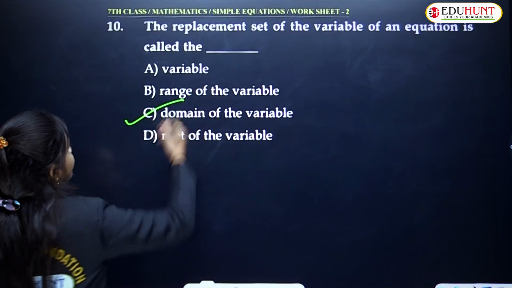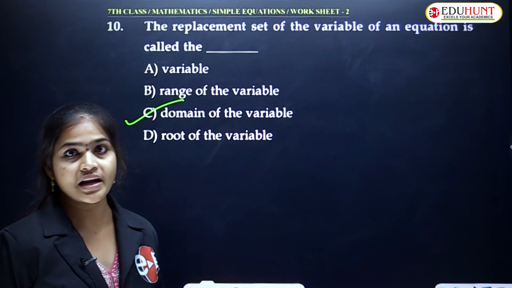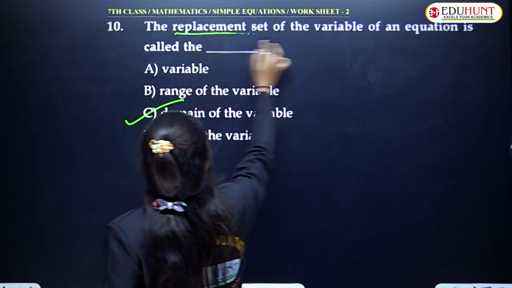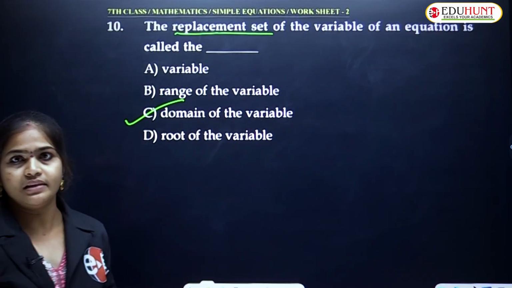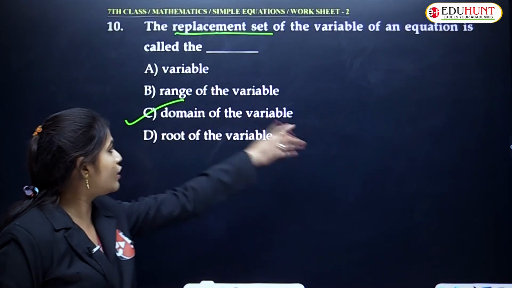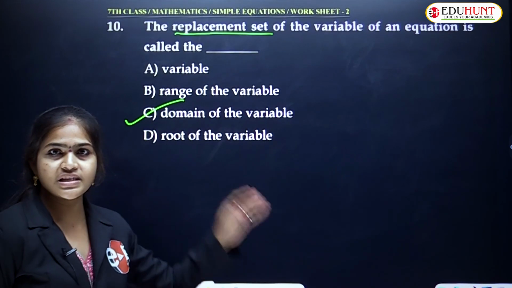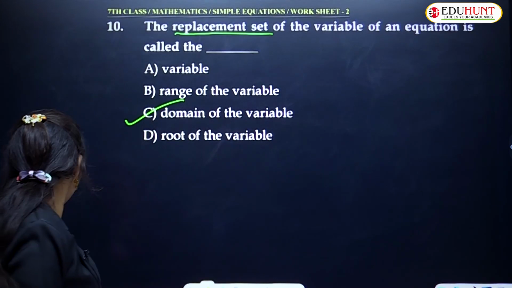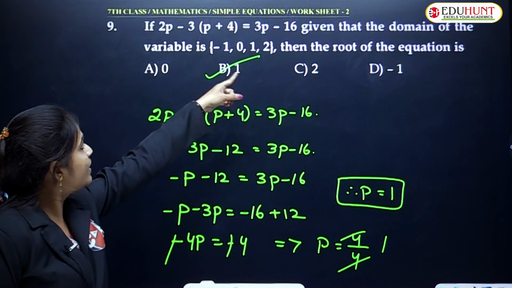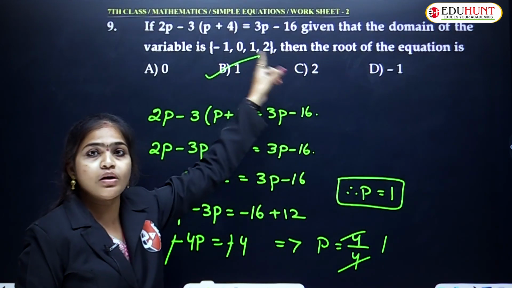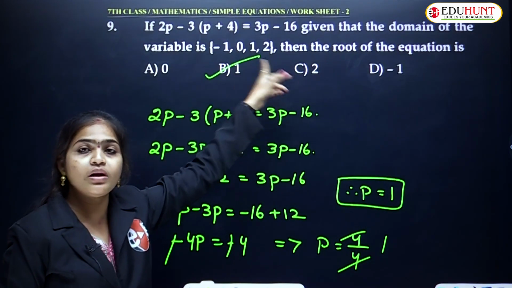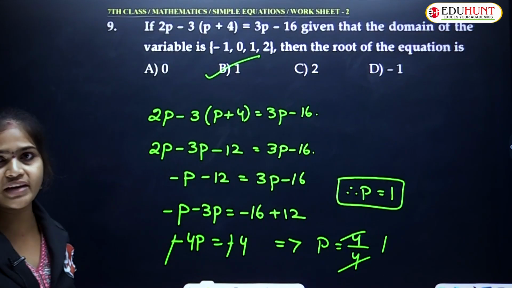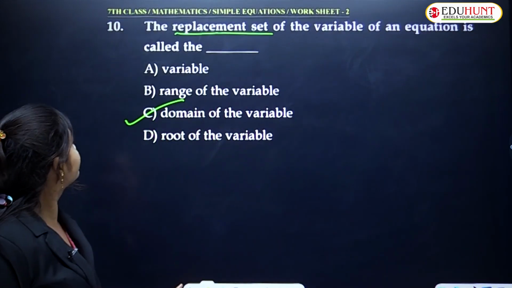So that is called the domain of the variable. Understand? Just previously we discussed, no, domain of the numbers, domain of the variable. So this replacement set we will call as the domain of the variable. That's what they given here.